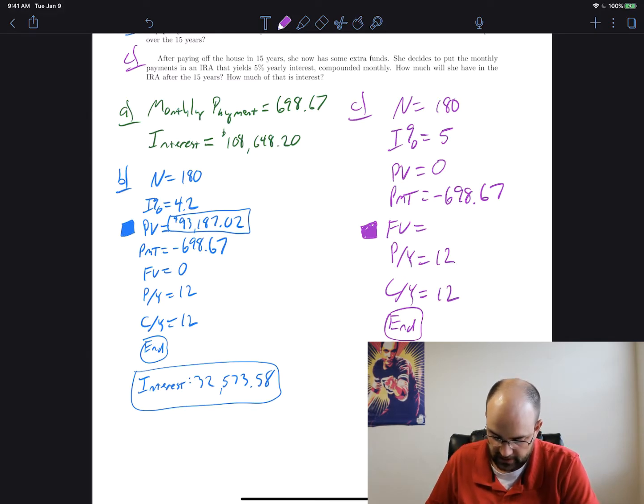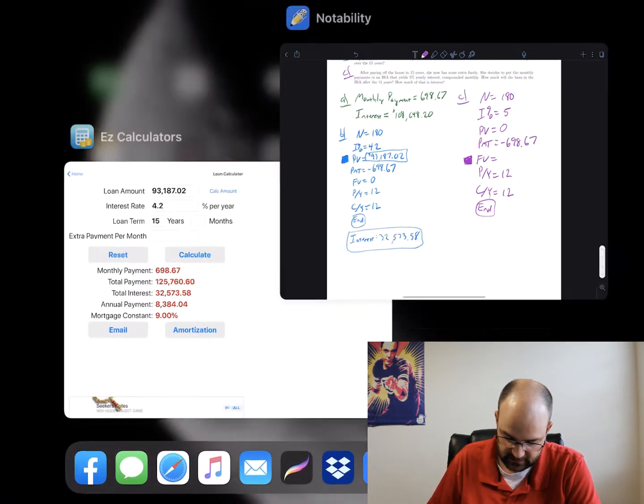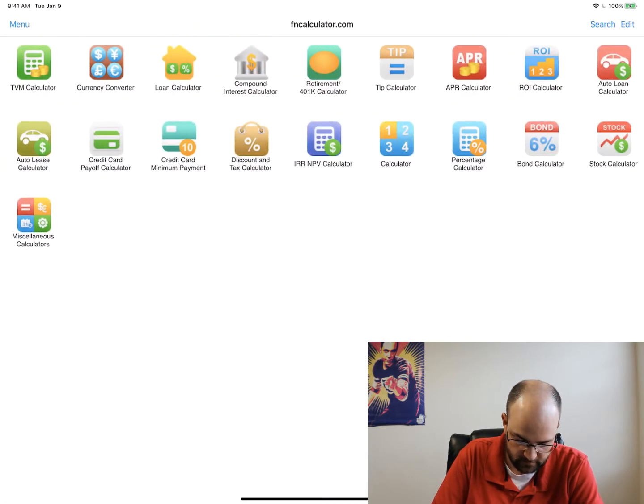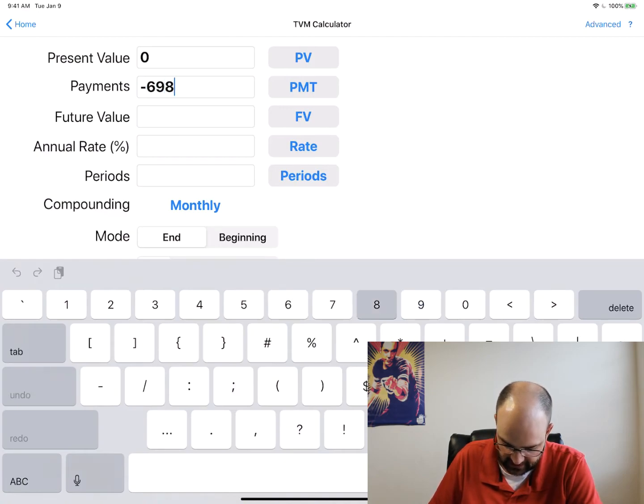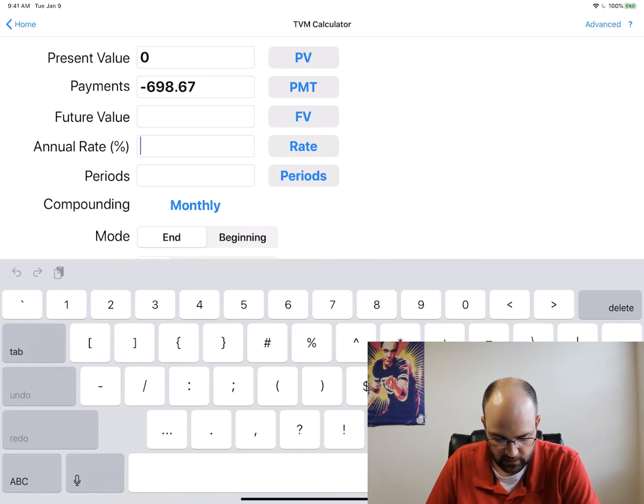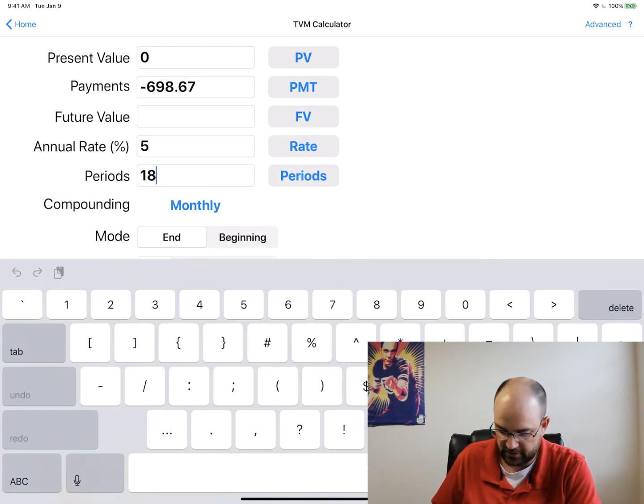Now let me go ahead and go to the TVM solver again. So the present value is 0. The payments are negative 698.67. Future value we don't know. The annual interest rate is 5%, and the number of periods is 180, 12 times 15.